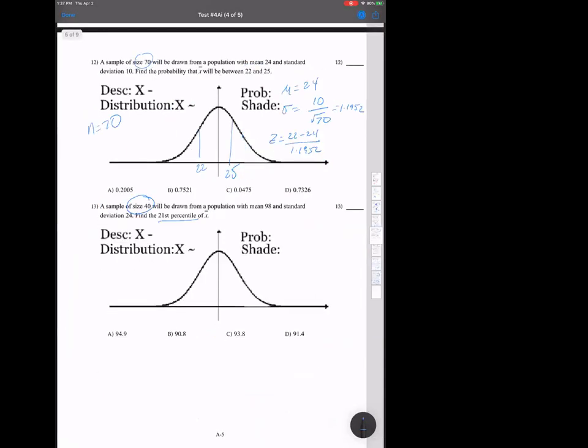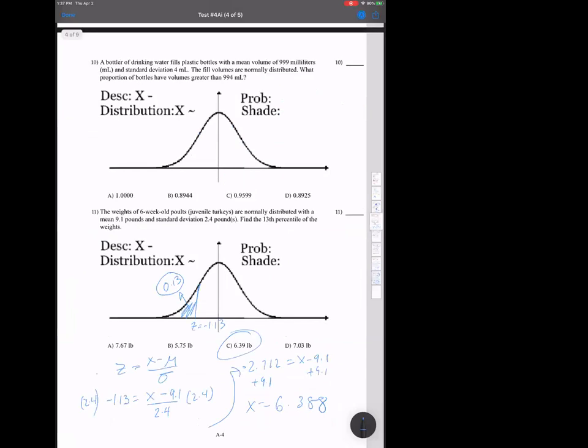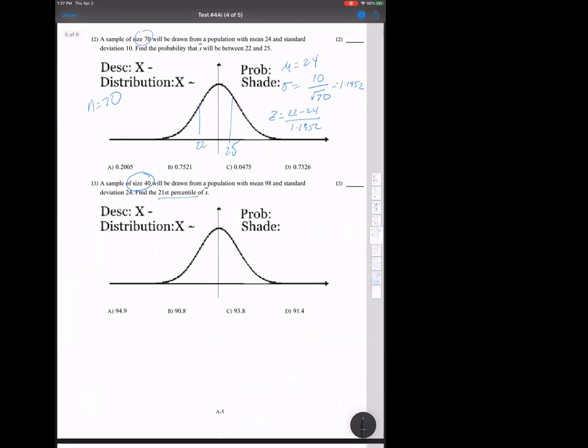So when you have a regular problem, but for sample size, so you see right here, for this question where it says a size of 70, just like the other 2 questions, you have to find the mean and the standard deviation. The thing is, the mean is the same, so you don't do anything, so there's no formula there. See, if the mean is 24, then the mean is 24.